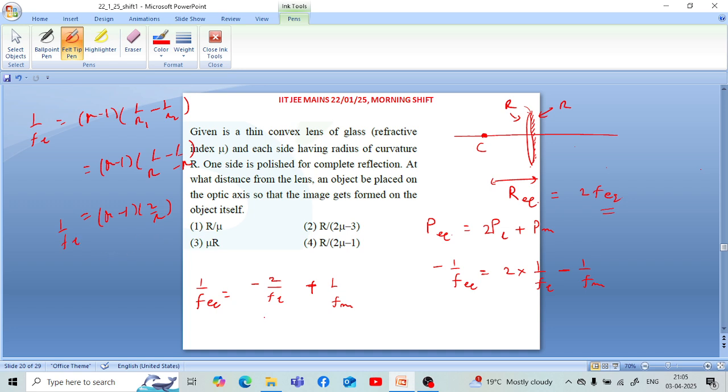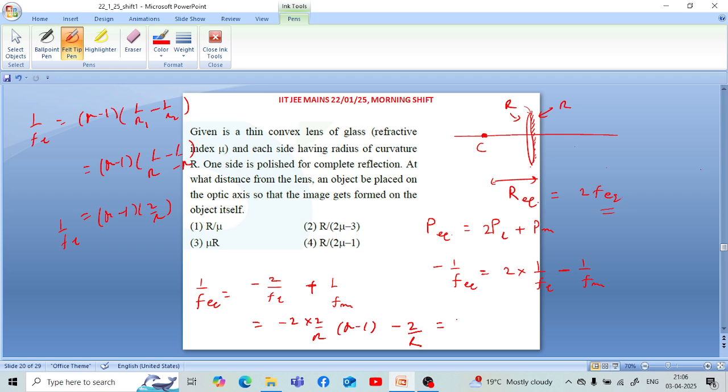Now, we can put this value in this expression here. So, minus 2 multiplied by 2 upon R multiplied by mu minus 1, and in place of 1 upon FM we can put here minus 2 upon R.